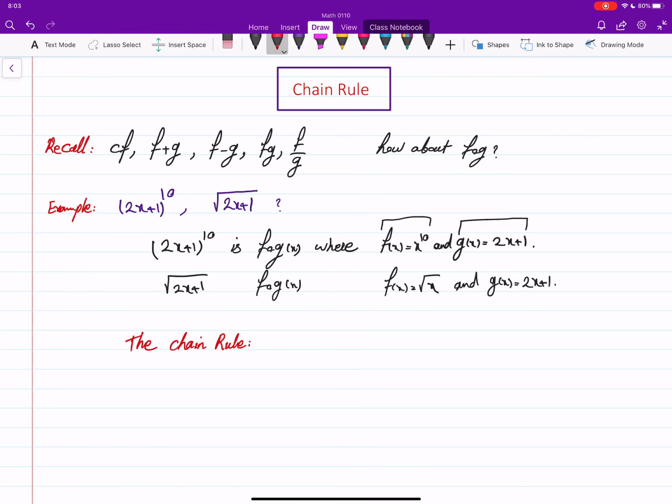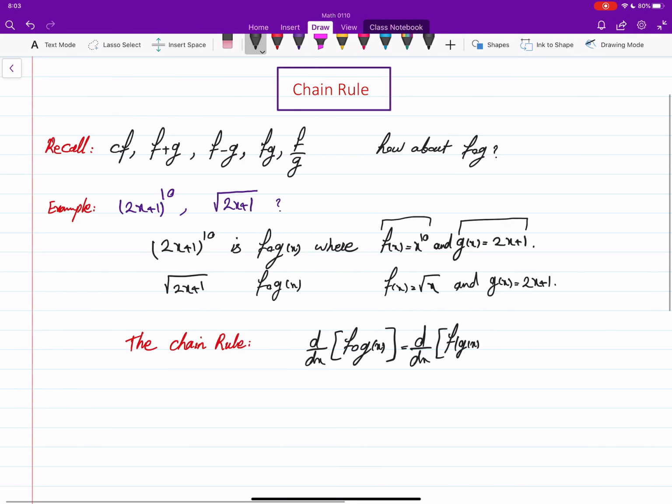What is the chain rule? The chain rule says the derivative of (f∘g)(x), which sometimes we like to write as f of g(x), that's the definition of composition, is equal to this: first, find the derivative g' of the g function.